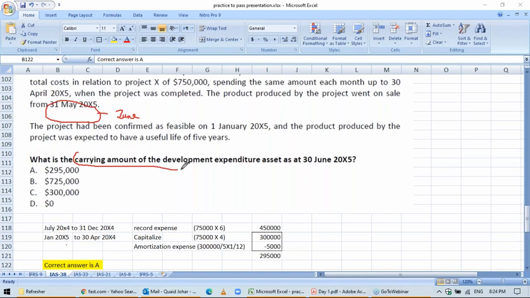Carrying amount means cost minus accumulated depreciation in case of IAS 16. But in case of IAS 38, cost minus accumulated amortization. So amortization for 1 month's time was deducted when the asset was available for sale. So when the development is available for sale or available for generating revenue, you can start amortizing it, right? Okay. So let's move on to the next question, students.